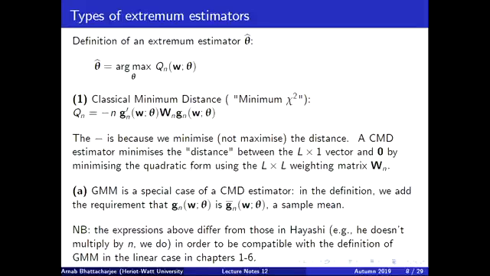Remember in the GMM case, these were distances of the empirical moment conditions from the theoretical moment conditions, right? So there are those distances. And typically there can be many such distances. So how do we combine them? We take sum of squares. But not quite. We take sum of weighted squares. And this is a weights matrix that corresponds to that.